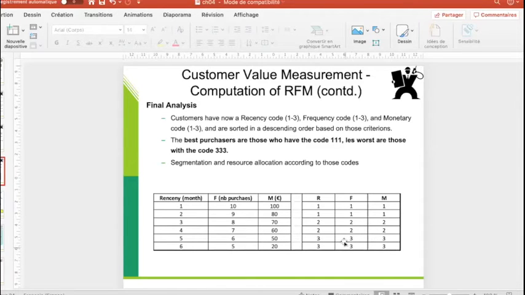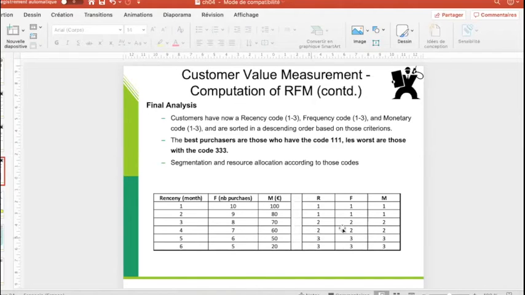And when they buy, they don't buy frequently, and they buy small amounts. Whereas the 111 customers are customers who bought recently, buy with a high purchase frequency, and buy higher amounts. So you have an easy segmentation model indicating the value of customers and the importance of customers in which you should invest money.